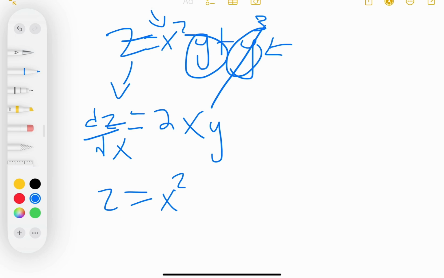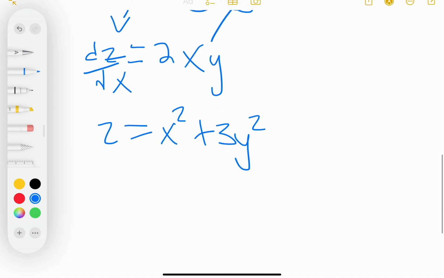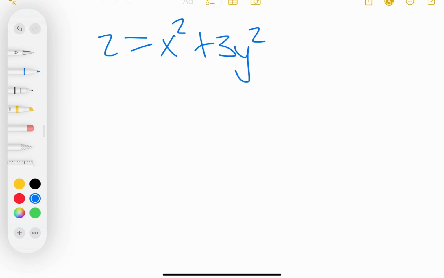And we do the plus, then the derivative of y cubed, which is 3y squared. Usually they just ask you to find things separately, but you can do it again. So we're just finding each part.